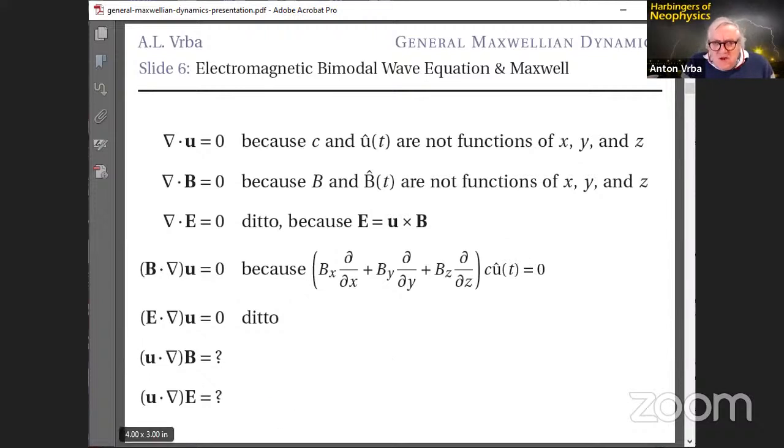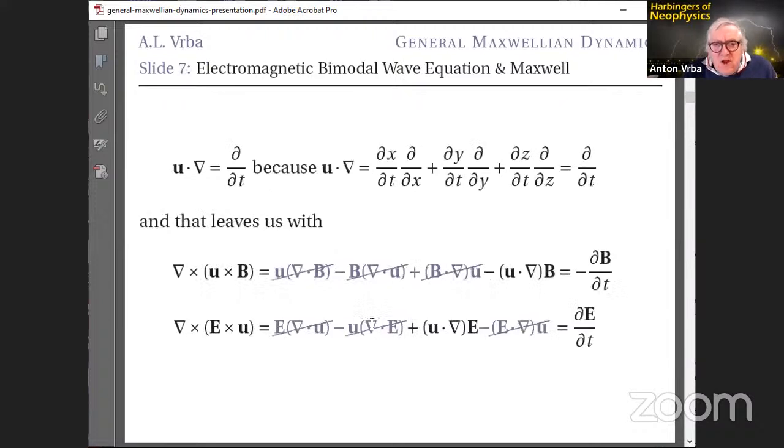And now the question is what the last two are. What does the dot product of u dot nabla develop into?